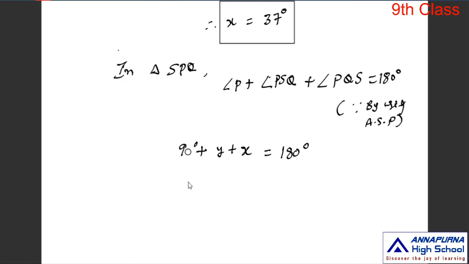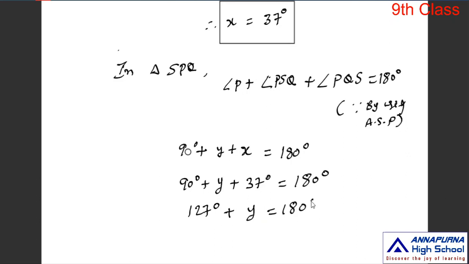Substitute x is equal to 37 degrees in this condition. So 90 degrees plus y plus 37 degrees is equal to 180 degrees. Adding 90 degrees and 37 degrees, we get 127 degrees plus y is equal to 180 degrees.